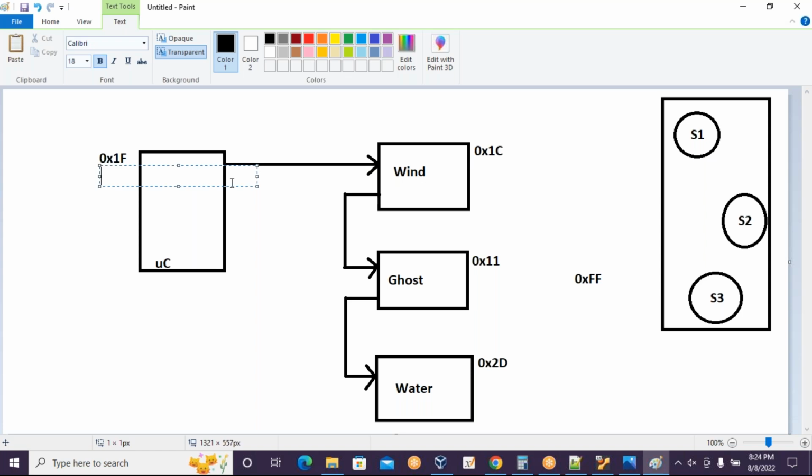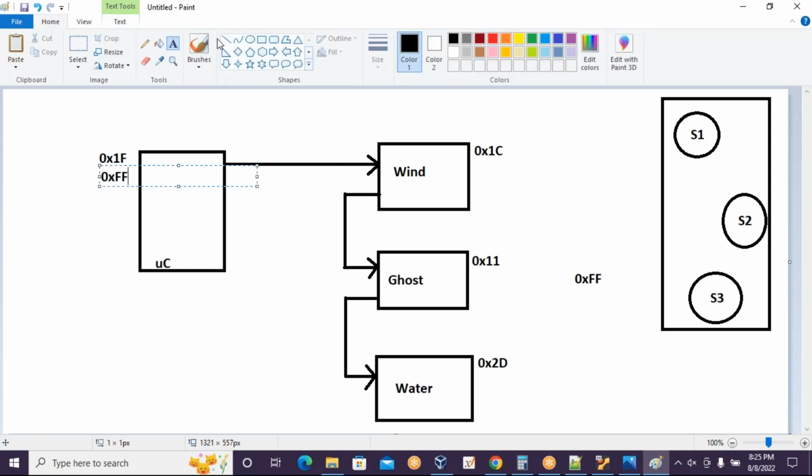So let's say I have got the built-in SPI block with me. I'm going to write the buffer register with 0xFF. That 0xFF gets written into the shift register of the microcontroller, and data gets shifted to slave one. So 0xFF I wrote got written into the buffer of the master.